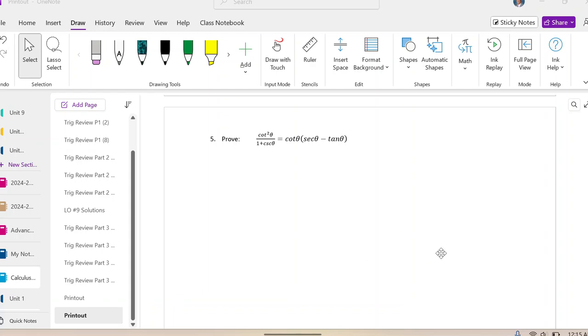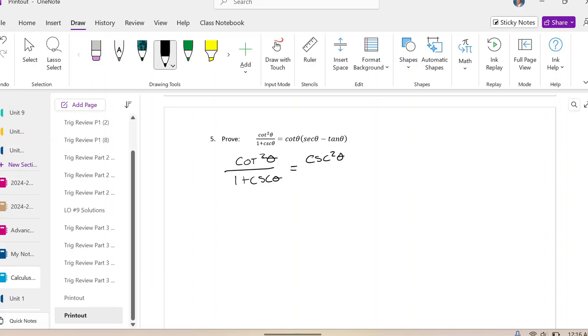All right, so for number 5, if we start with the left side, we get cotangent squared over 1 plus cosecant equals, and so cotangent squared is cosecant squared minus 1.